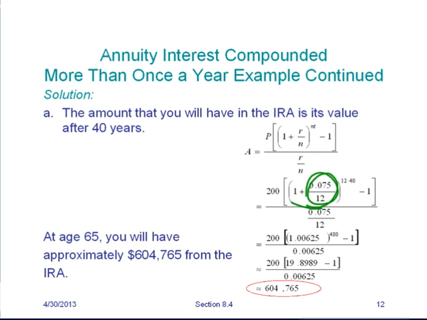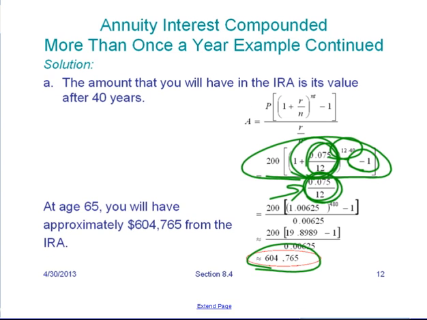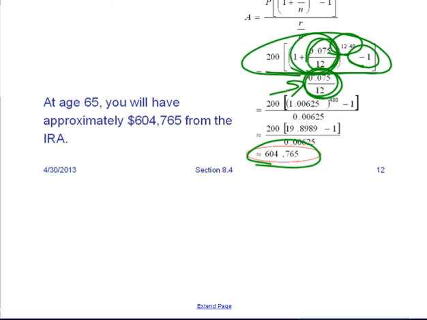Remember, start here, you add the 1, you take it to the power, you subtract 1, multiply by 200, leave that number written down somewhere with as many decimals as possible, divide by the bottom, and finally you have 604,765. All right. So that's how much you have in your account.